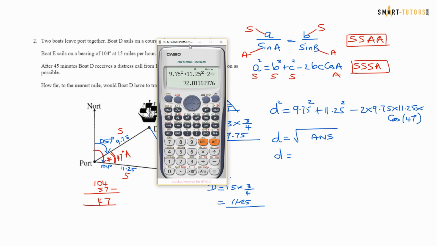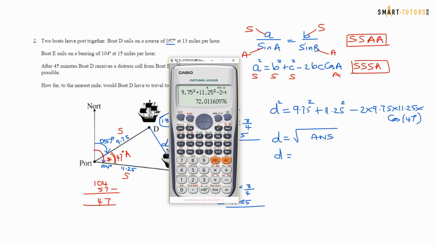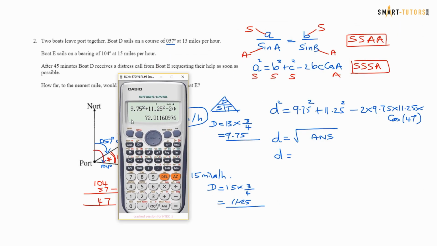72 is in miles, is it? No, 72 is not the final answer. You need to take the square root of that, right?